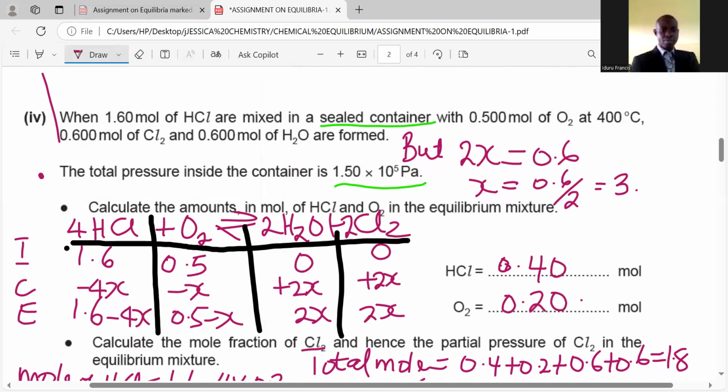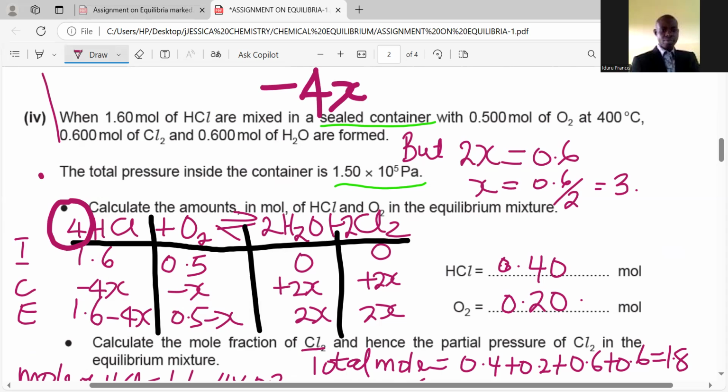Change in mole here for the reactant, because the reactant will be decreasing, the decrease will be according to the number of moles here. So we use x to represent the change in mole, and because it's decreasing, the minus shows the decrease.